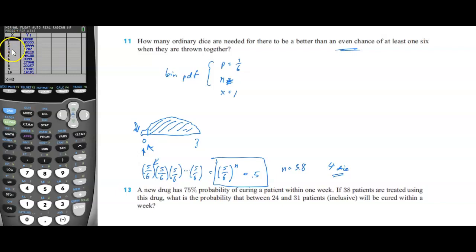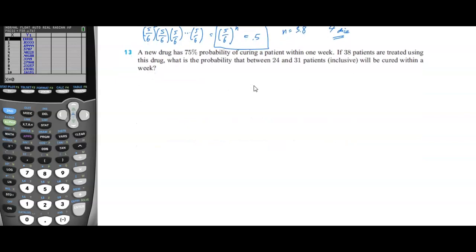You can see that once you take the number of trials from 3 to 4, it goes below 0.5, which means that the probability of getting at least 1 6 goes above 0.5. Okay, so the answer would be 4.